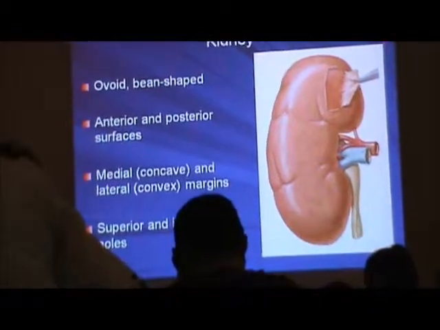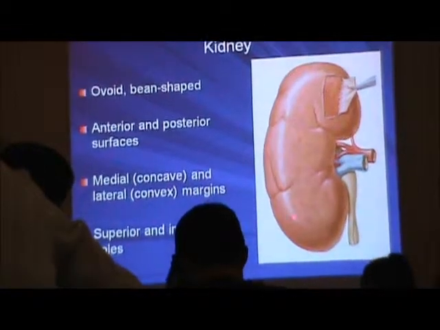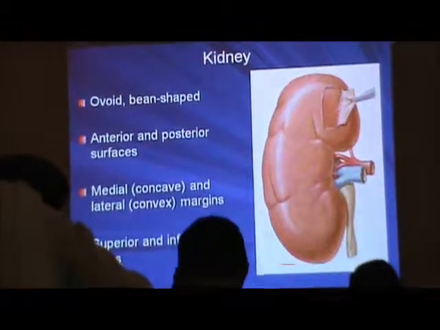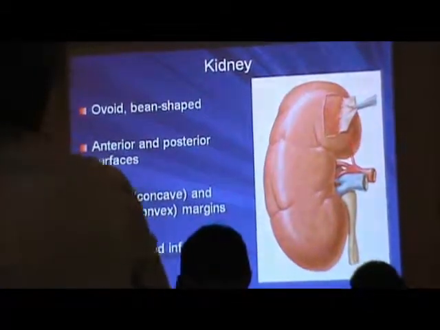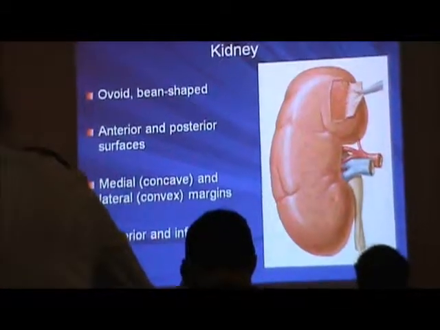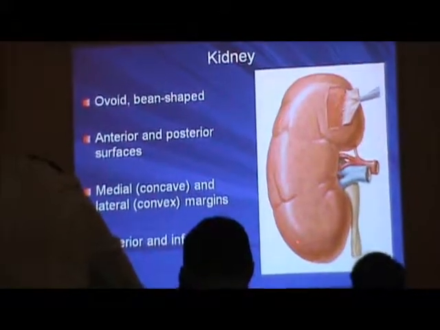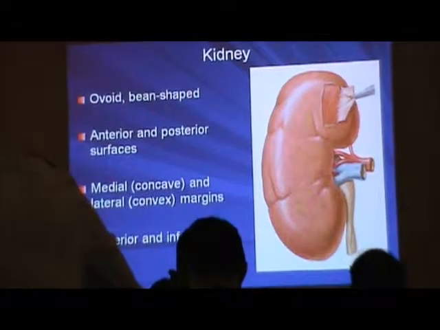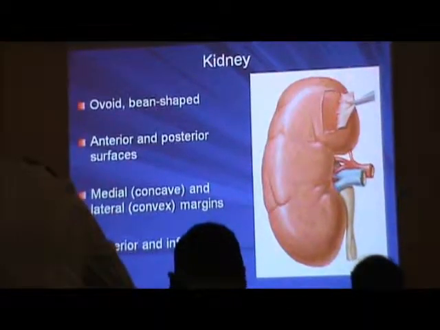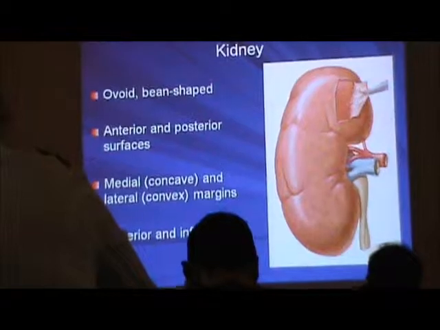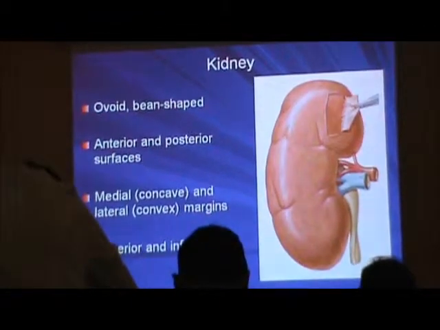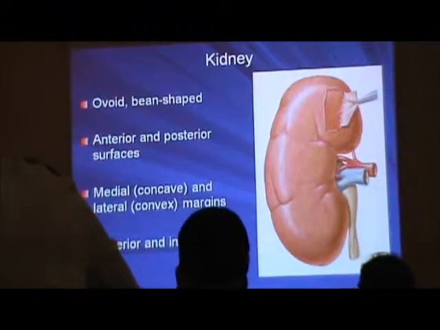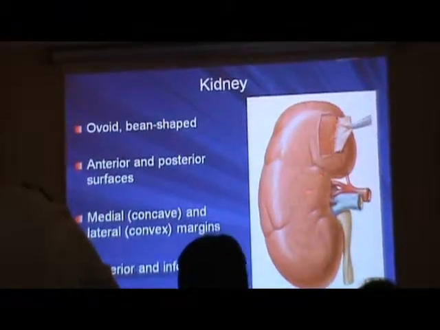The kidney is an ovoid bean-shaped organ. It has anterior and posterior surfaces. The medial border is concave, and the lateral border margin is more convex. It has the superior pole and the inferior pole. The posterior surface of the kidney is more flat than the anterior surface.